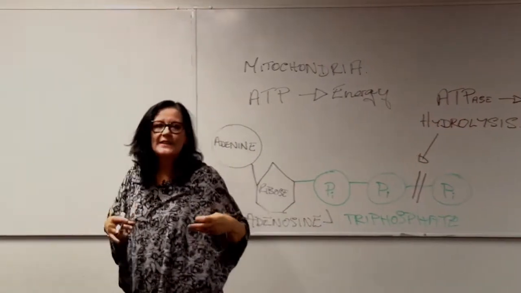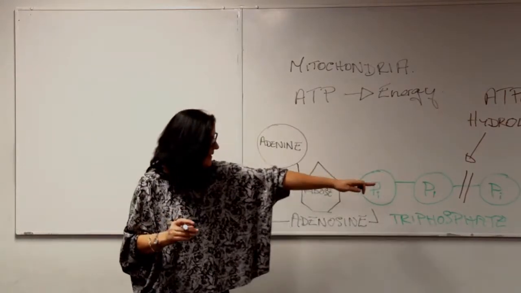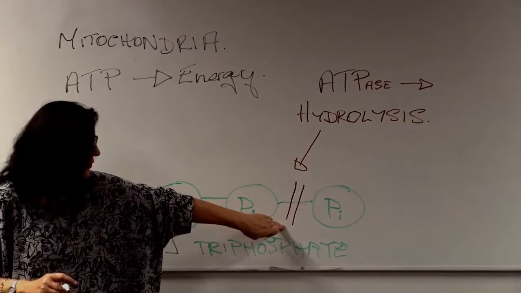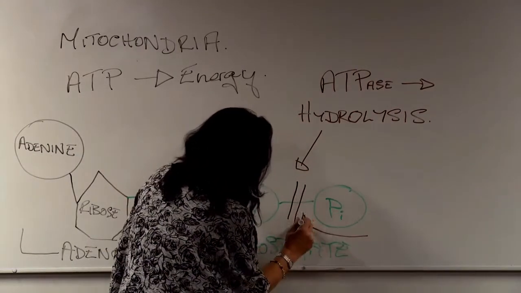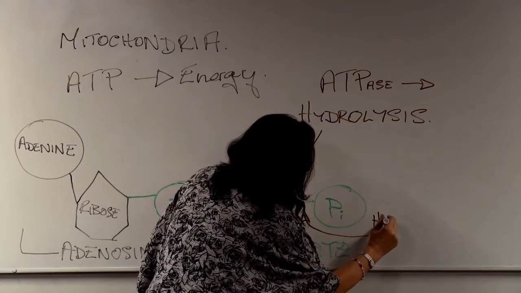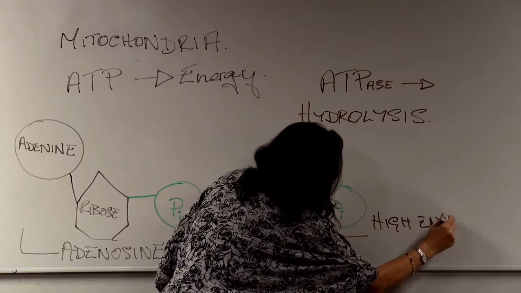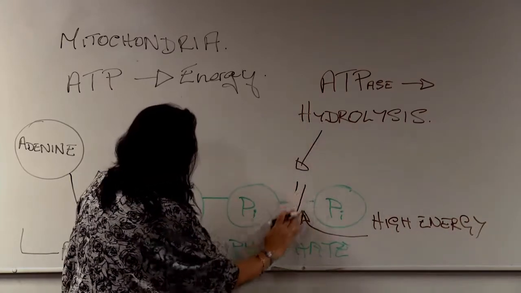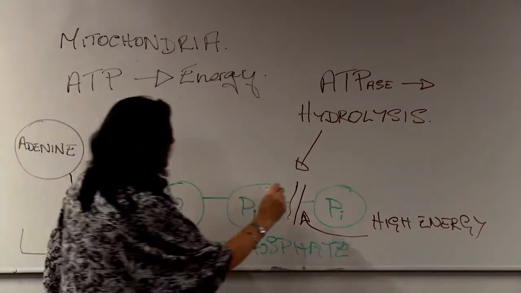Anything ending in ase is usually an enzyme. ATPase hydrolyzes, but it hydrolyzes this high energy bond. So this is a high energy bond. And when you hydrolyze it, what happens is you break the bond and you release energy.